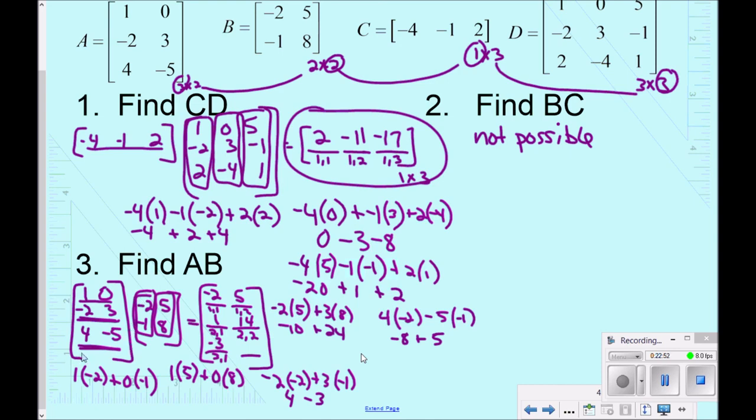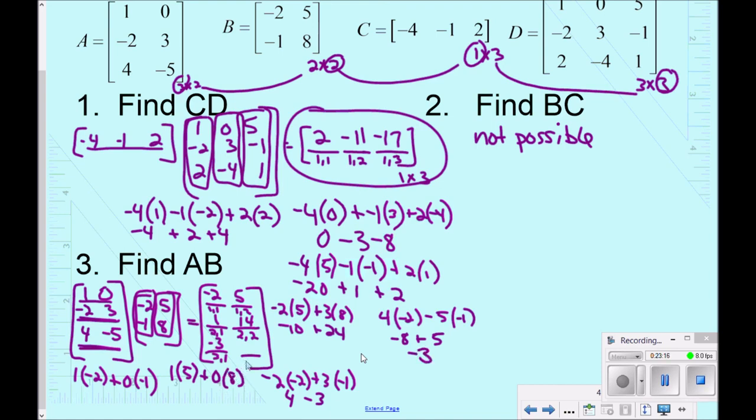So 4 times negative 2 and negative 5 times negative 1. No, that's right. Yes, I think that's good. So that is negative 8 plus 5, which is negative 3. Yep, I was correct. Okay. Thought I did that wrong.